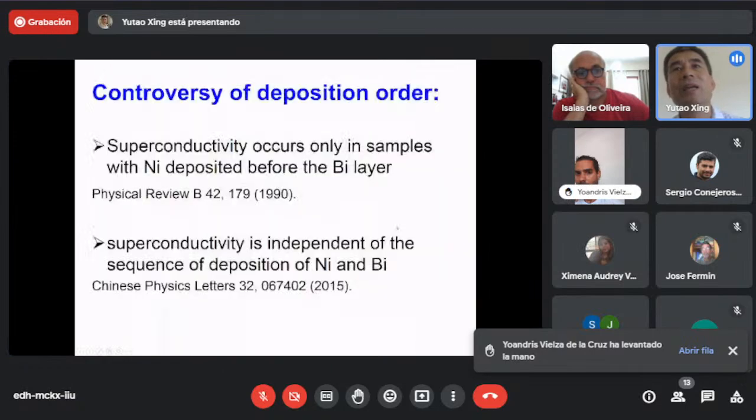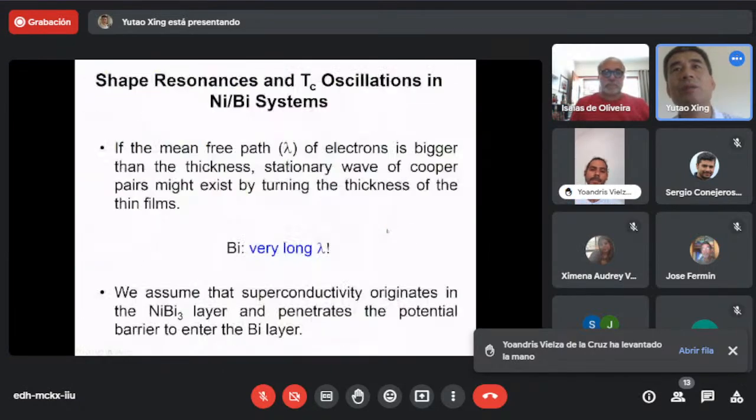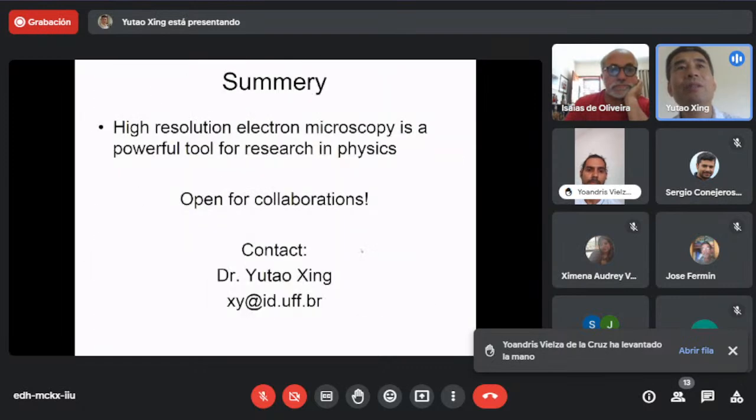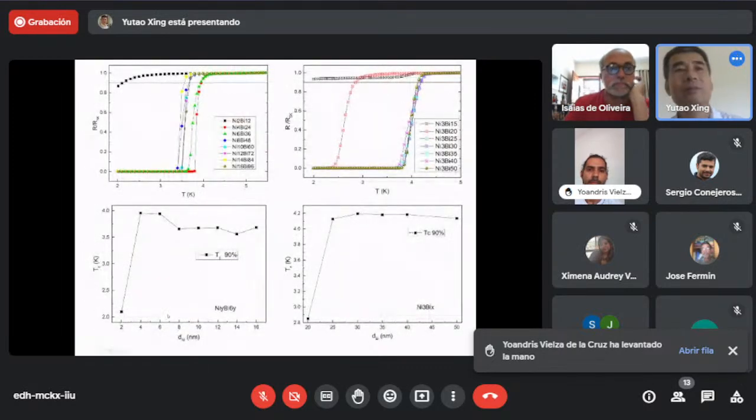So it's clear. In my last work with Professor Mauro Doria, we are only studying the TC as a function of thickness. For example, in this sample we keep the ratio of nickel and bismuth fixed: 12, 4, 24, 6, 26, 8, 48. We can see the TC variation.